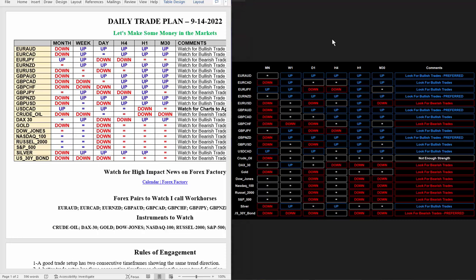Whereas the one on the right here is an expert advisor that runs in real time. This one on the right is a screenshot I took between 6 and 7 as I was doing this daily trade plan on the left. Most of them, pretty much, except for the odd one, is right on. They're both saying the same thing, either bearish or bullish.